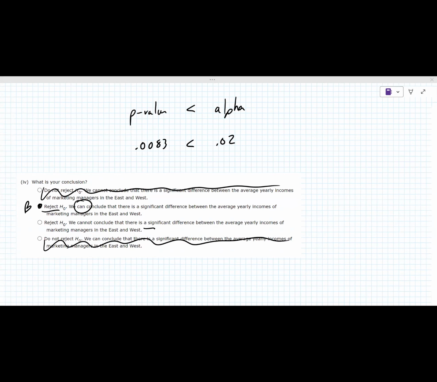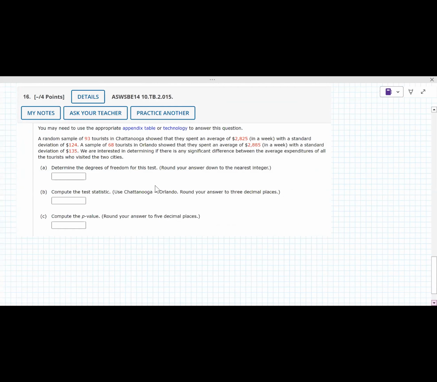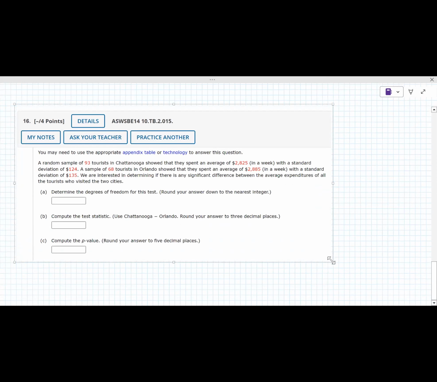All right, so let's go to number 16. The difference between this problem and the previous one is that they don't tell you the table of values. So you want to make your own table of X bar for the first, X bar for the second, S1 for the first, S2 for the second, N1 for the first, N2 for the second.